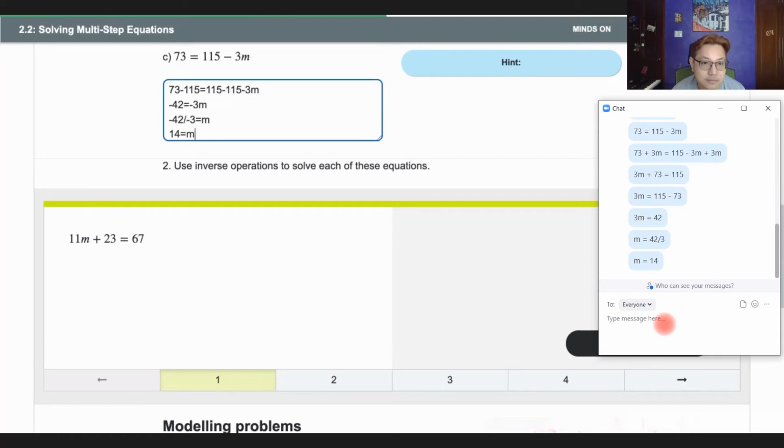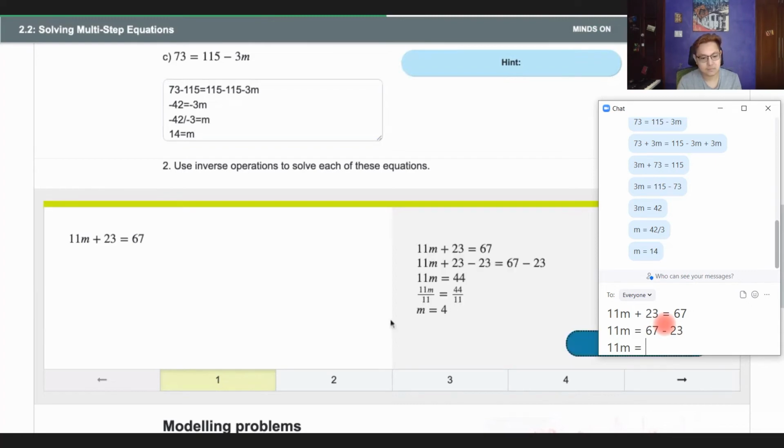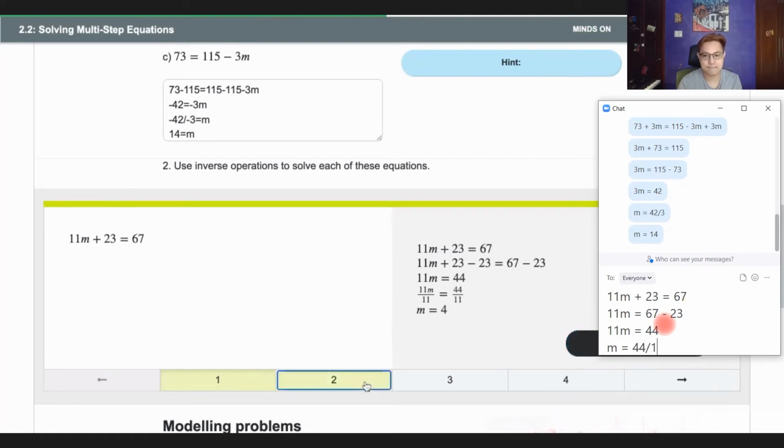So it's 67 minus 23 equals 44. Take 11 and divide by 44. Move 11 down. Take 44, divide by 11, which is 4. And so m is equal to 4. Exactly, m equals 4.